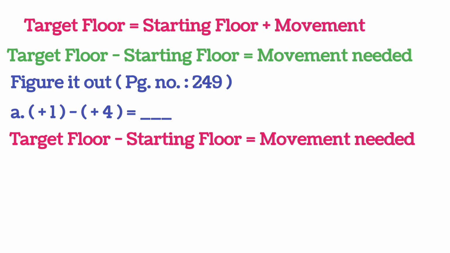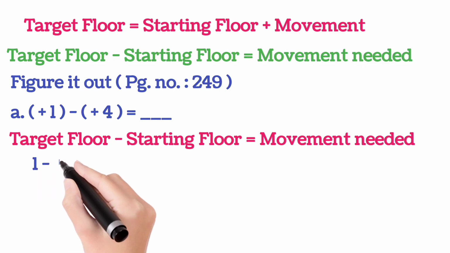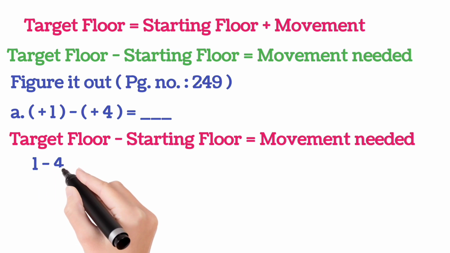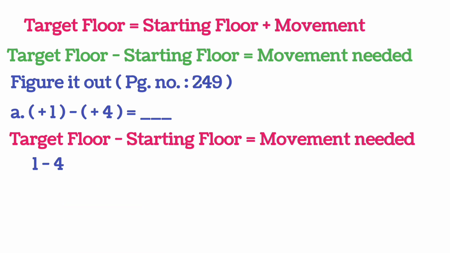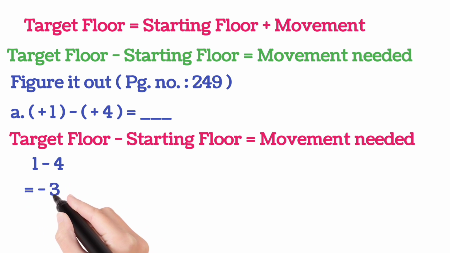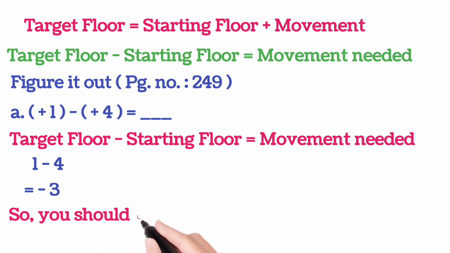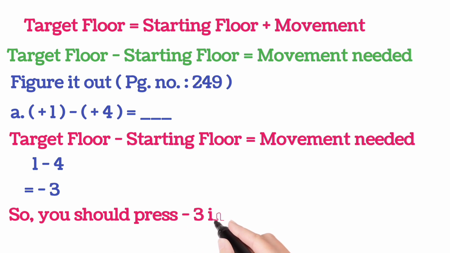Our target floor is plus 1, and minus plus 4, so plus 1 minus 4. One is plus, one is minus, so we will do subtraction, and the minus sign goes with the bigger number. So our answer is minus 3. This means you should press minus 3 inside the lift to reach the target floor, that is the first floor.